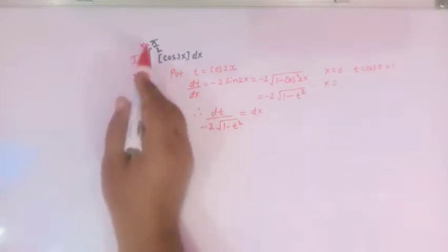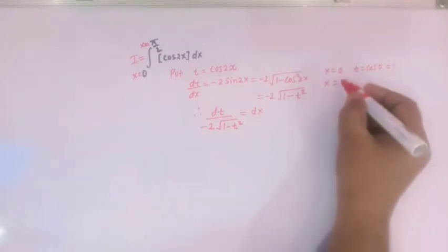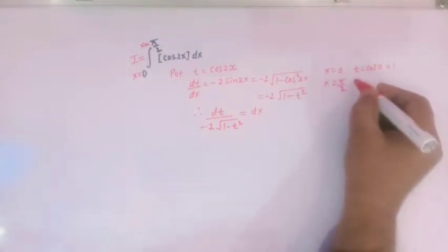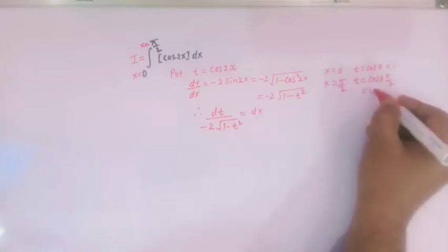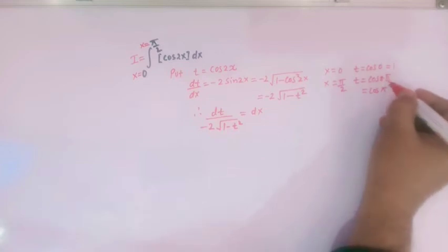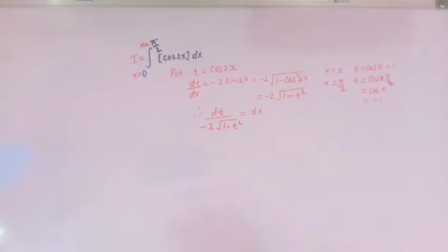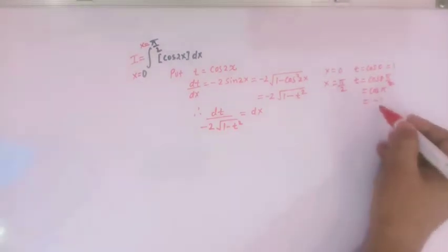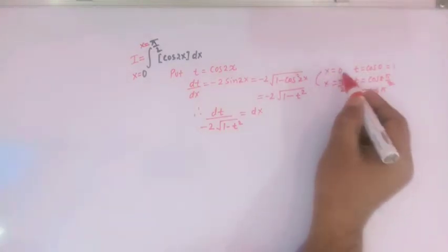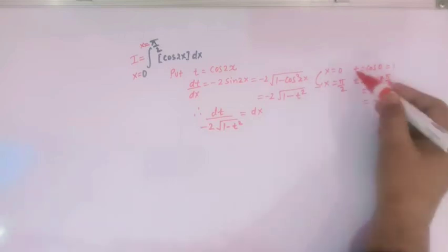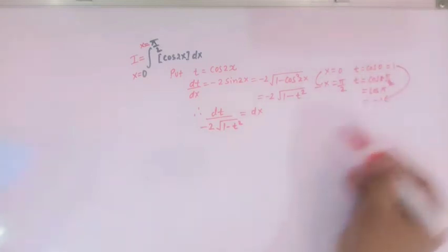When x is pi by 2, t is equal to cos of 2 times pi by 2, that is cos pi. This 2 and this 2 get cancelled, so this is minus 1. The value of cos pi is minus 1. So we see that when x varies from 0 to pi by 2, t varies from 1 to minus 1.